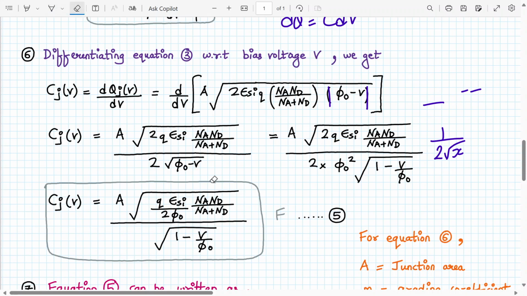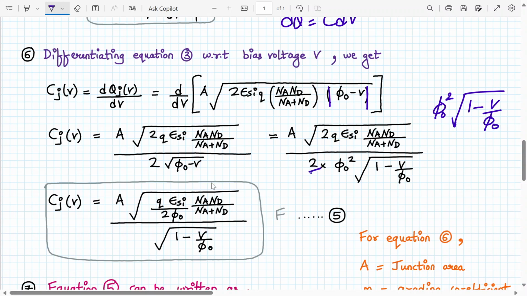Let me rub this out. So that is what we have done. Now what we are doing is taking phi naught out. If I take phi naught out, it becomes phi naught square, so inside you will get 1 minus v upon phi naught. That is what we have done here.